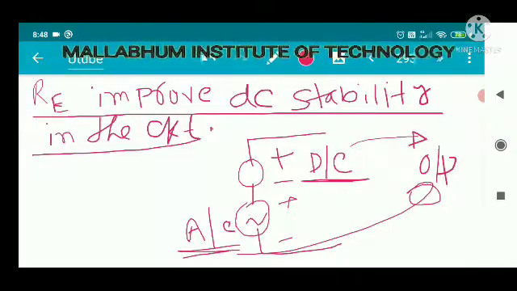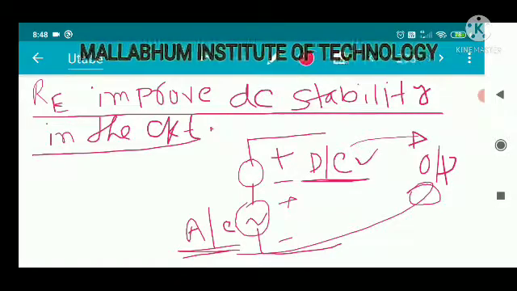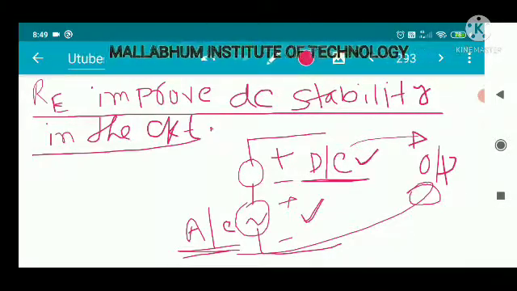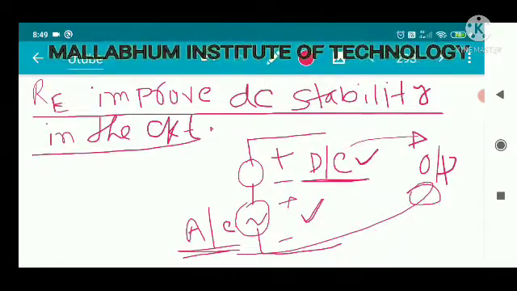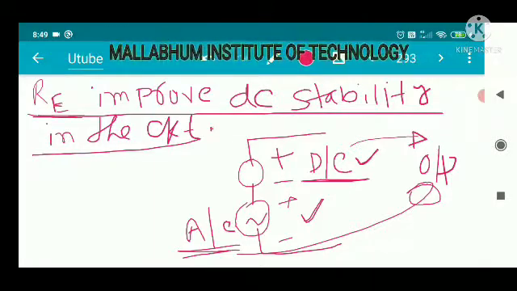So in the transistor, the DC signal is applied for the stability purpose, and the AC signal is used for the amplification purpose. Now we have seen previously the DC analysis, and the importance of connecting RE in the output terminal.